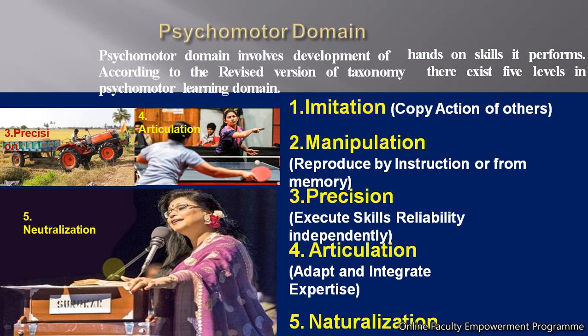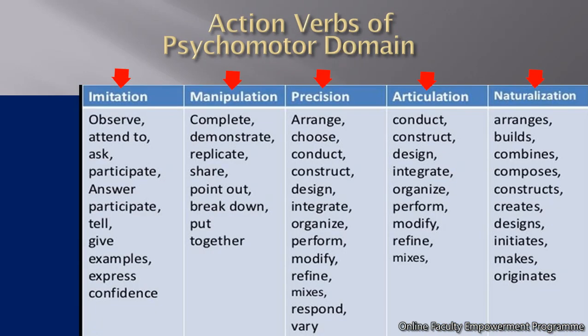Naturalization, here the spelling was wrong by mistake: whenever a singer or an actor is performing something, they naturally exhibit their talent. So these five levels come under the psychomotor domain. These are the possible action verbs whenever we are observing under the psychomotor domain category.